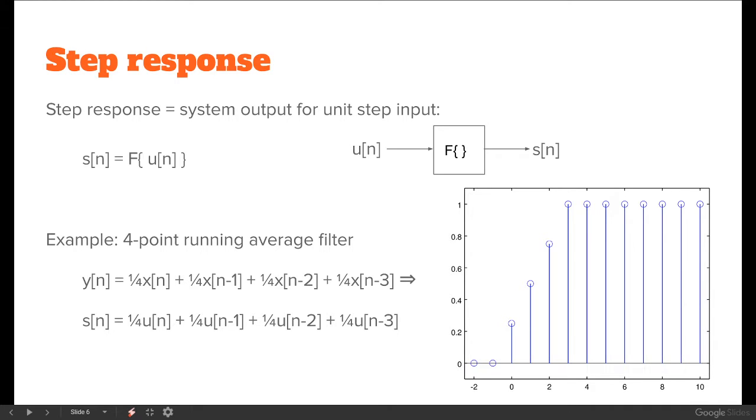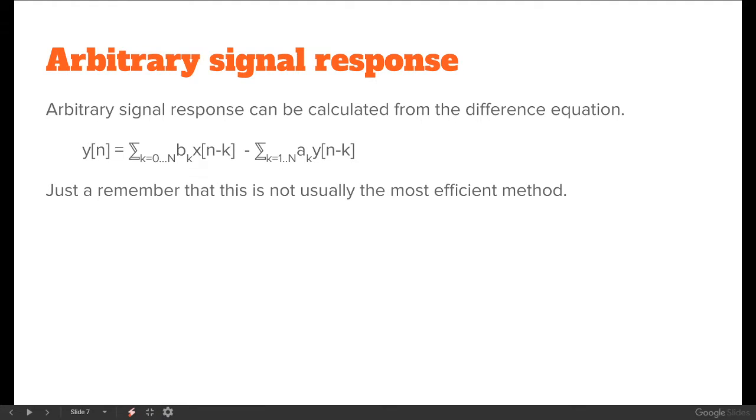For a 4-point running average filter, with this input, you will get a kind of ramping up signal on the edge, nothing more. Not really an exciting signal.